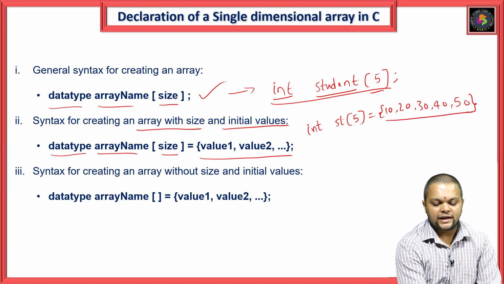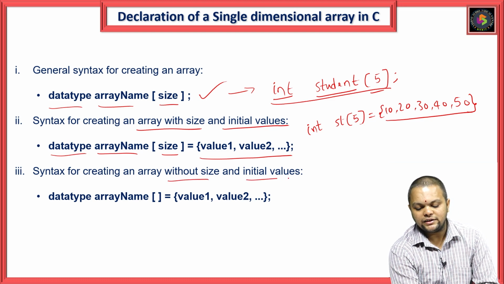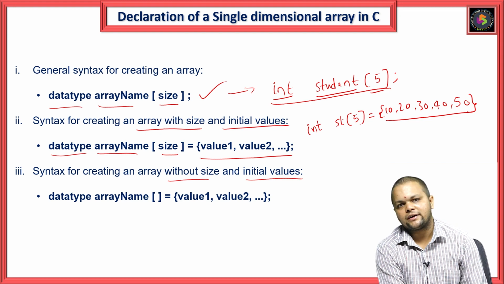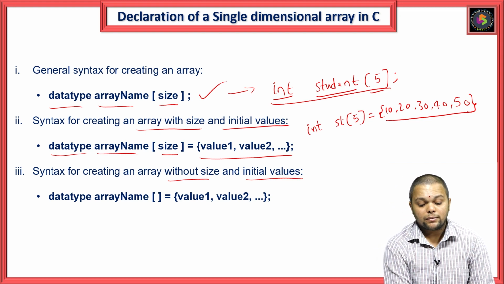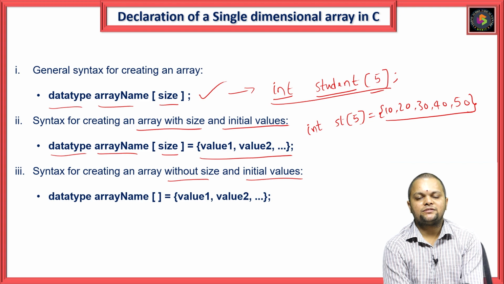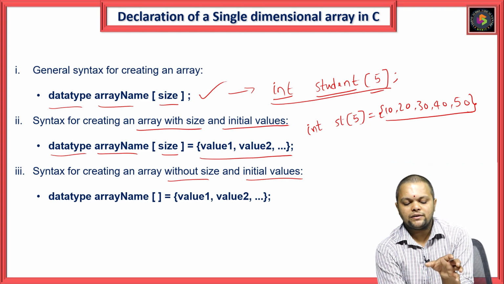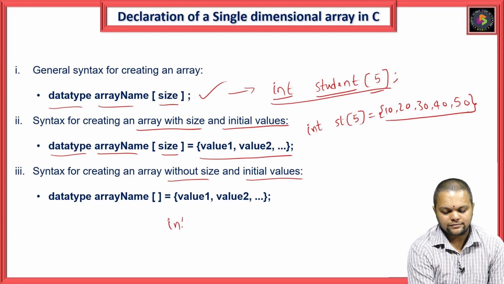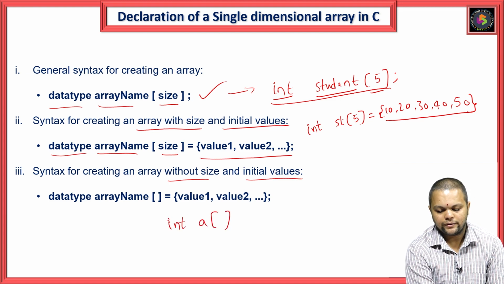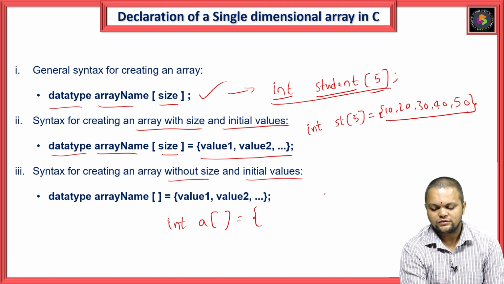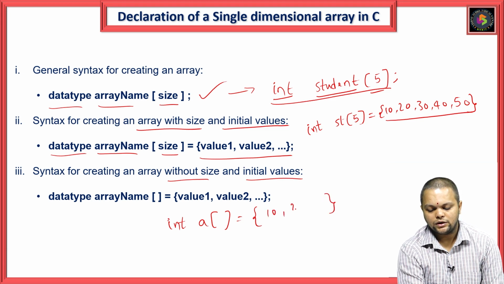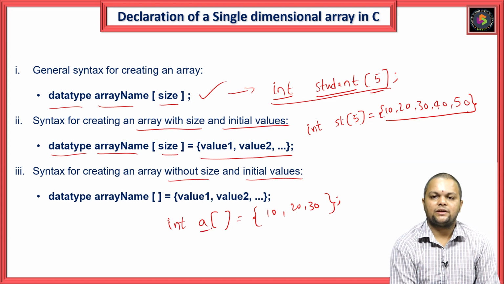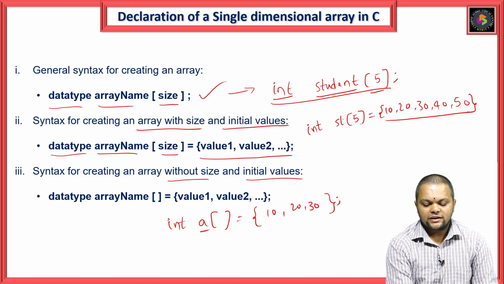The next thing is the syntax for creating an array without size and with initial values. If I am not giving a size, how does the compiler take it? You may have a doubt. It takes the size based on the number of elements we give in that particular array. Like this: if I write int A[] = {10, 20, 30}, giving 3 values, how much size will this A take?